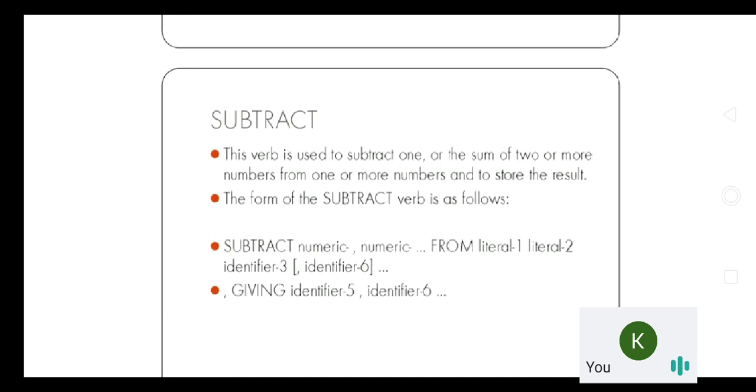Now we are going to subtract B and C from A, subtracting one or more identifiers from one identifier. In this situation, we add the one or more identifier values, and that value will be subtracted from the one value. So we have to add the values of B and C, and then subtract it from A.